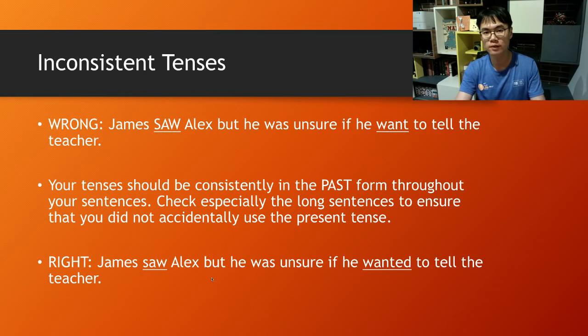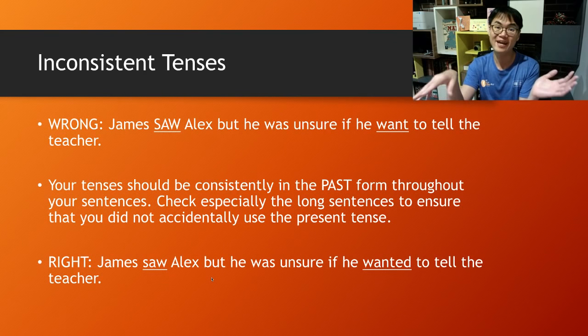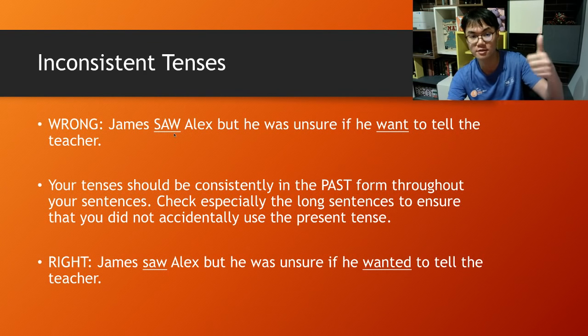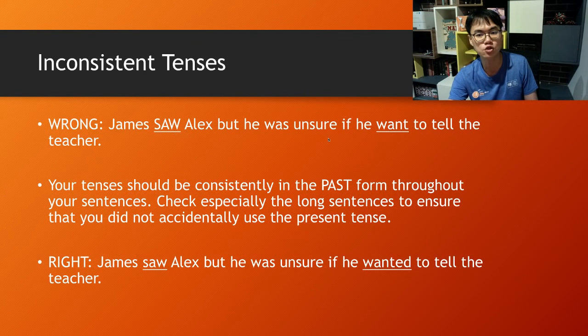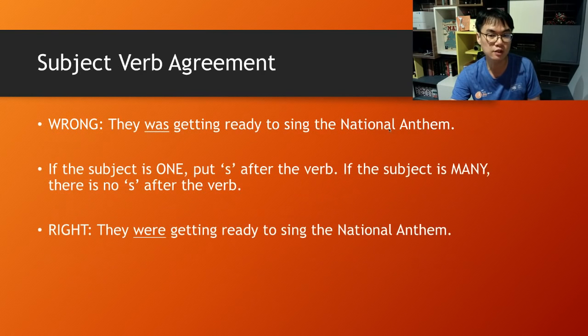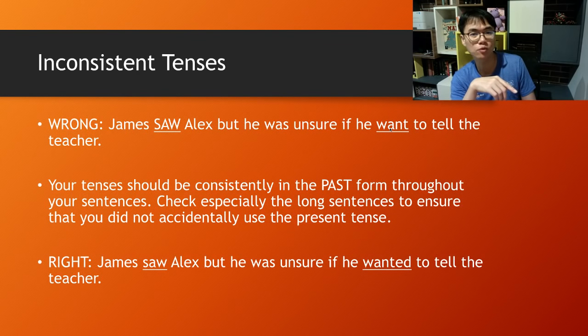Now, this happens when you have very long sentences. Sometimes you start with the correct tense, the past tense, but then halfway through the sentence, you forget and you use the present tense. Let's take a look at this example, right? James saw Alex. So saw is in the correct tense, it's in the past tense, but he was unsure if he want to tell the teacher. Can you see that this student here, again, this is a real example in one of your compos. This student lost track of his tenses.